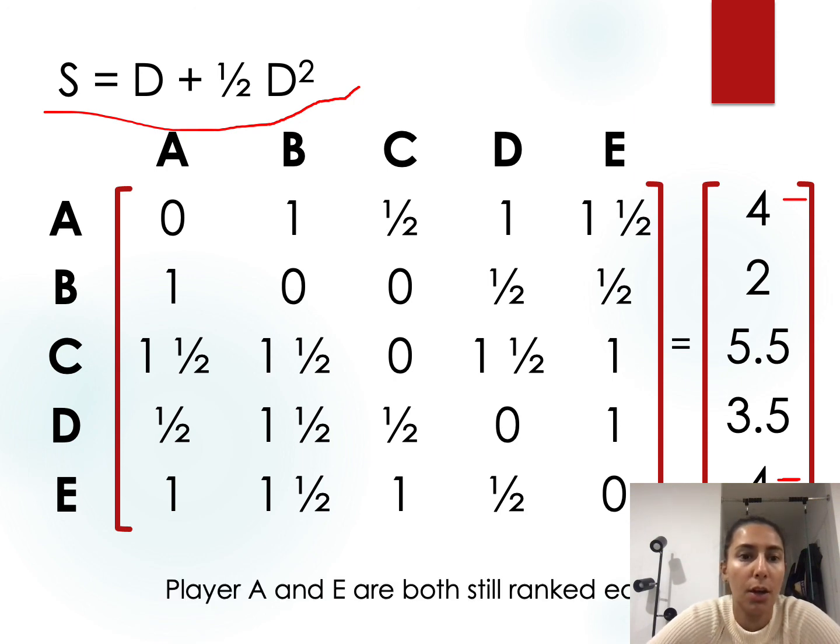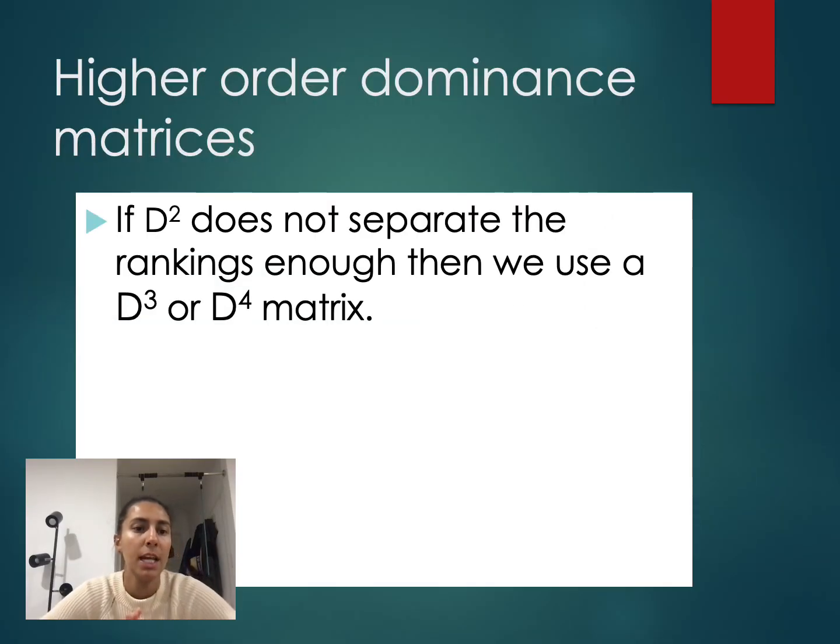So, one more little bit of information. If we do D plus half D squared, and that isn't enough to fully separate the rankings, we can then have a look at D to the power of 3 and D to the power of 4. So this is indirect wins to your third order, and this is your indirect wins to your fourth order.